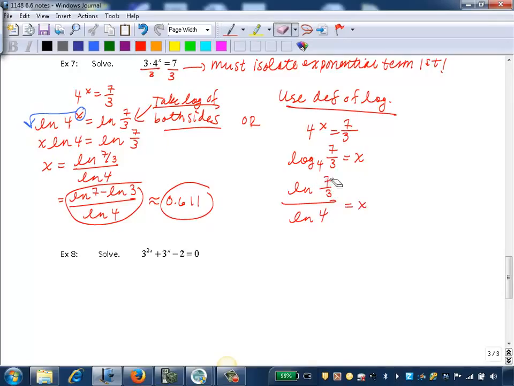And again, if we want to write this without the fraction in a fraction, we can split this log of the quotient 7/3 into the difference of natural log 7 and natural log 3. And we can see that, once again, we got the same answer that we got over here. So both of these are correct.